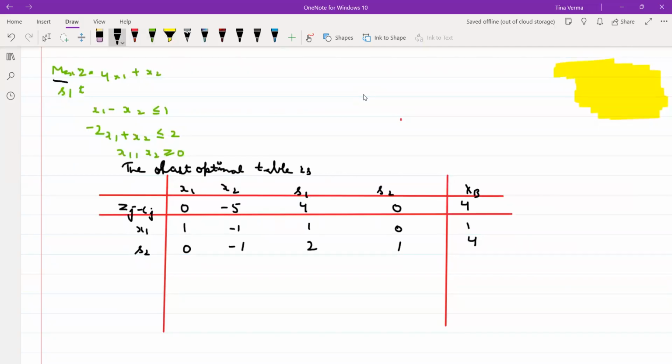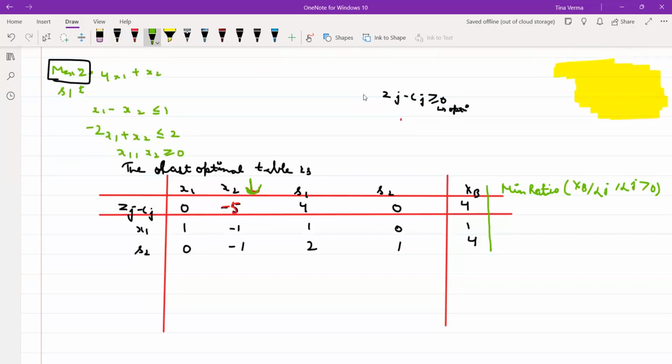Now you can notice that this is my maximization problem. So I can stop only when all my Zj minus Cj are greater than or equal to 0. That is my optimality condition. But here you can notice minus 5 is already there. So that means this is my entering variable, right? And I have to find the minimum ratio, which is xb divided by alpha j, but the alpha j entry should be greater than 0.